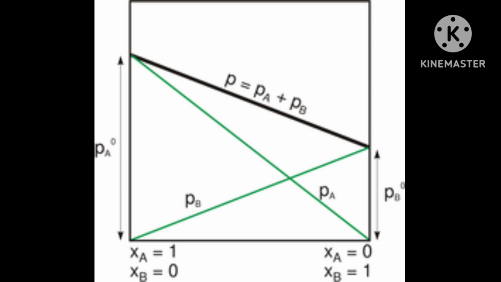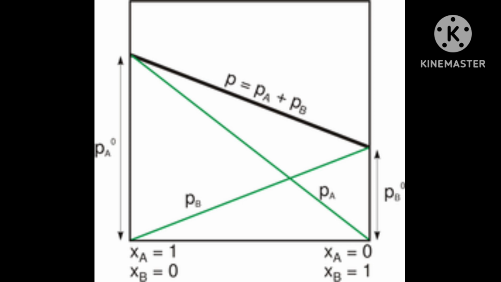In a general way you can write that P1 is equal to Y1 into P total. The partial pressure of any component is its mole fraction multiplied by the total pressure, because above the solution, that is the total pressure.